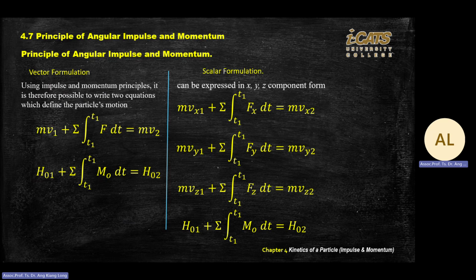So these are the 4 sets of equations when it comes to chapter 4, basically derived from these two. If you have 3D problems, you need to use these 4 formulas. If you have 2D problems, X and Y, then you only have 3 formulas: Vx, Vy, and angular momentum.